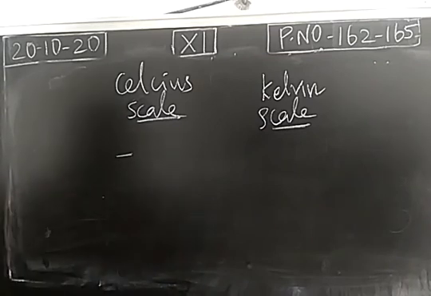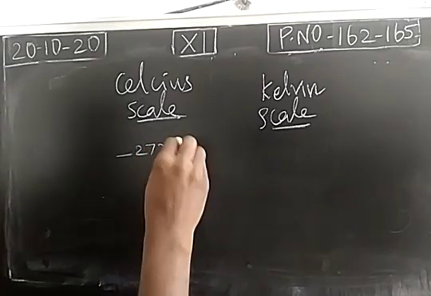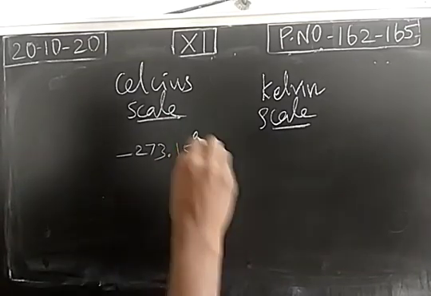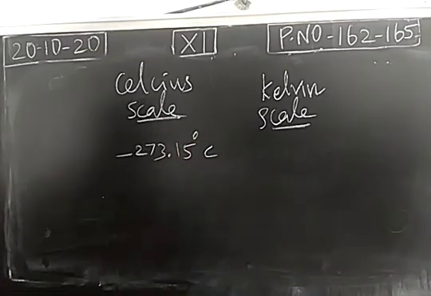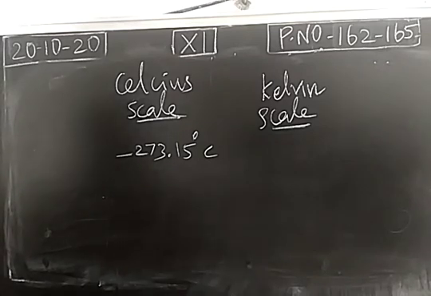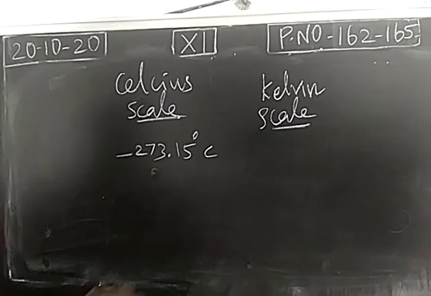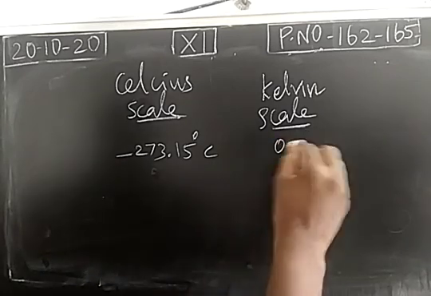So what is the absolute zero value for a gas? Minus 273.15 degrees Celsius. At this temperature, the volume of the gas will be 0. From this, for every 1 degree rise of temperature, the increase of volume will be what? 1 by 273. Then this absolute zero value is taken as the starting point of the Kelvin scale.